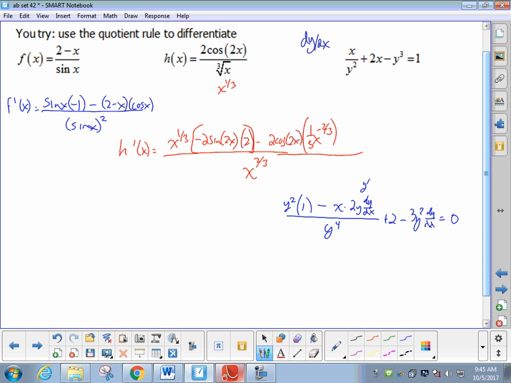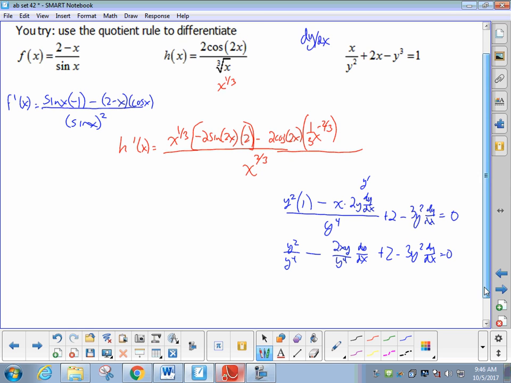Let me give you something else. It'll be maybe one less step. If you have a fraction with a sum in the numerator, can I split it up into 2 separate fractions? You can. And so you could call this y squared over y to the 4th, and then 2xy over y to the 4th dy dx separately, plus 2 minus 3y squared dy dx.